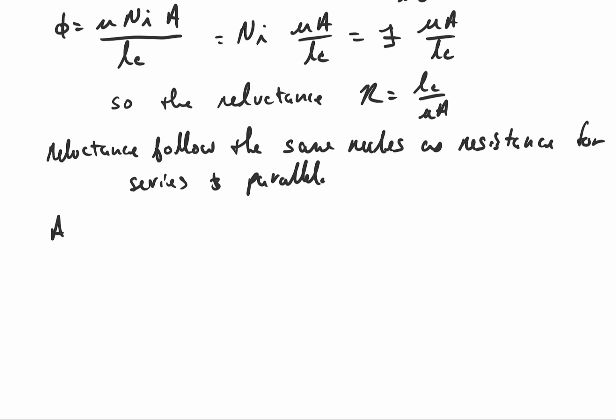So if we just make a list of the assumptions that we're making here that are giving us a little bit of inaccuracy. One, we are assuming no leakage flux. Secondly, the mean path length assumption and the cross-sectional area are not 100% accurate, especially at the corners of the core.